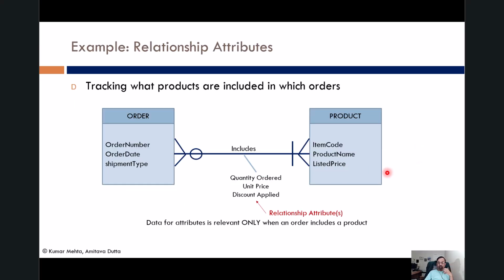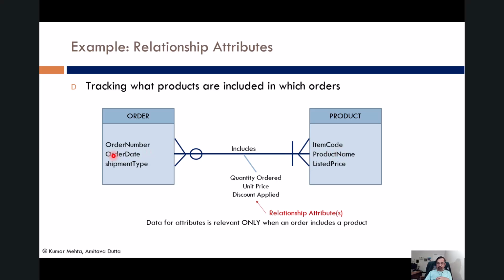Here is another example. Just to repeat so that we reinforce our understanding of the symbols: one order includes at least one product and at most many products.